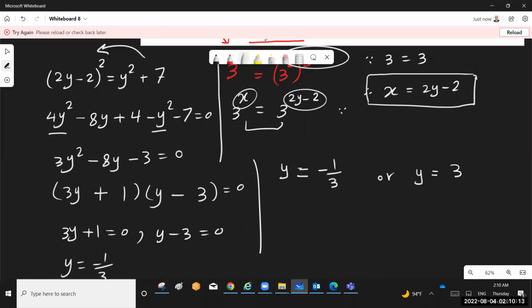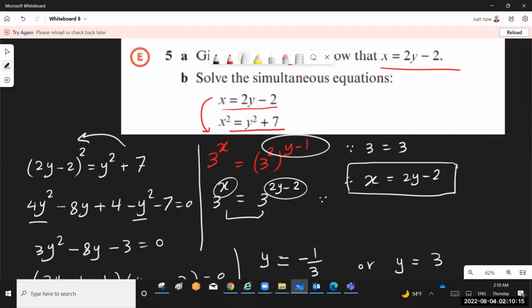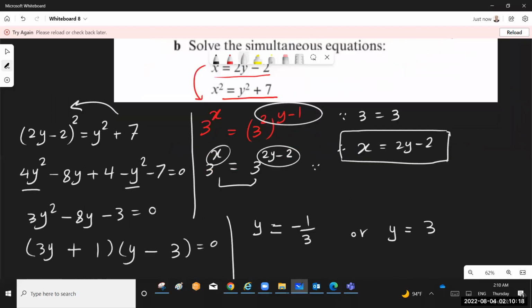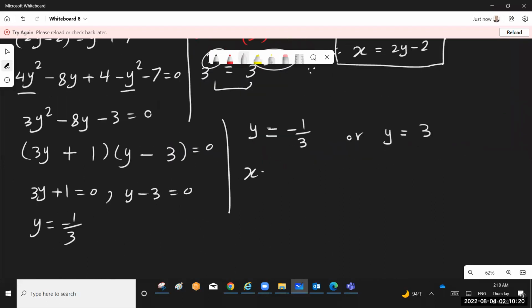Always come back to the first equation, the linear equation, that tells us x is 2y minus 2. I can substitute now. I know the values of y, negative 1/3. So 2 times negative 1/3 minus 2 is negative 2/3 minus 2.